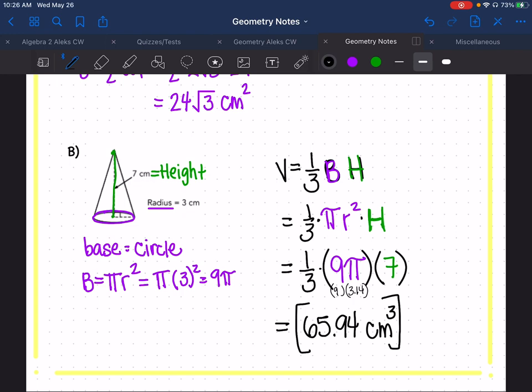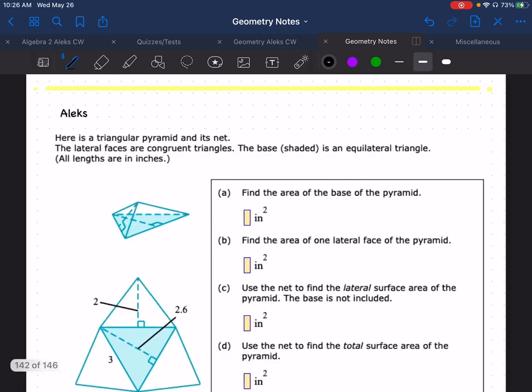Now, I do want to show you the surface area question that they are going to ask you about the pyramids because it does look a little bit different in Alex. So here is a triangular pyramid and its net. That just means that they've taken the pyramid and unfolded it at the vertex.